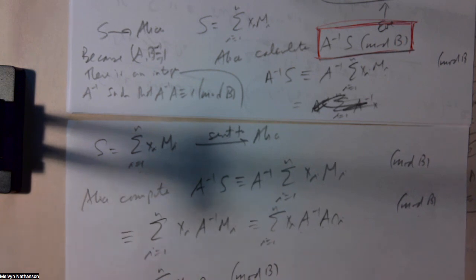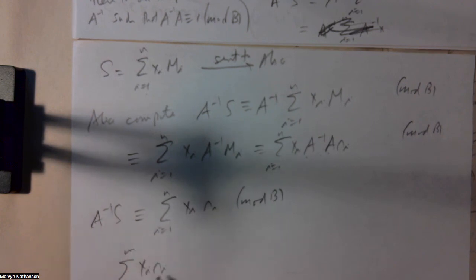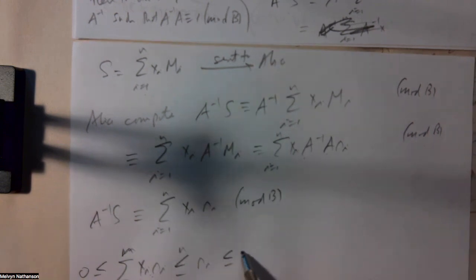And just to make a quick remark, consider the summation xi Ri, I goes from 1 up to n. The x's are 0 or 1, the ri's are integers. This is certainly non-negative. The biggest this can be is if all the x's are 1. This is the summation I equals 1 to n, r sub I. That's strictly less than 2 r sub n, because this is super increasing.